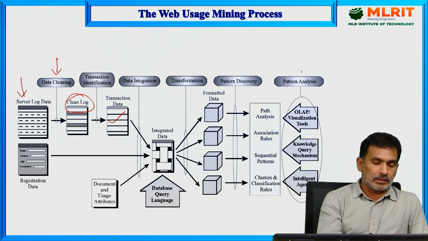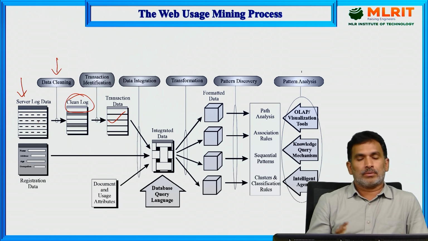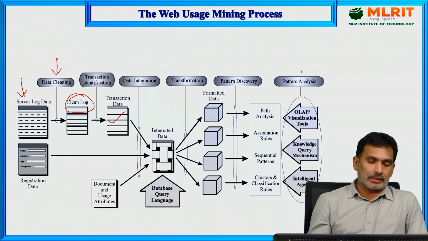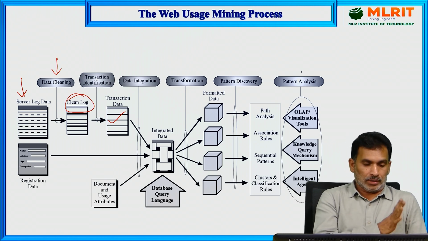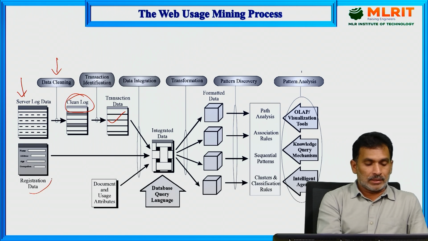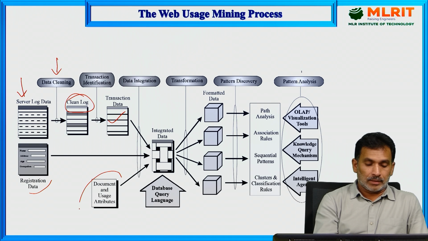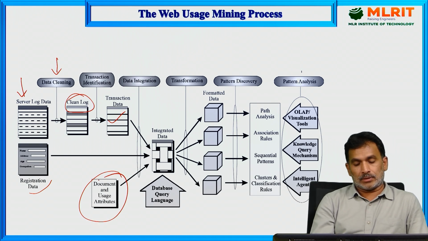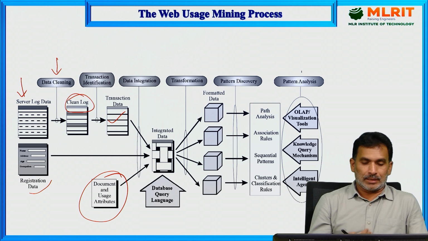Here you can see one data source, the server log data. Whenever a client or user accesses a particular web page or sends a request to the server, that is recorded in the server log, and that is the internal data available. Also mostly the registration data, but sometimes other data needs to be collected from external sources. All these kinds of data need to be integrated here.